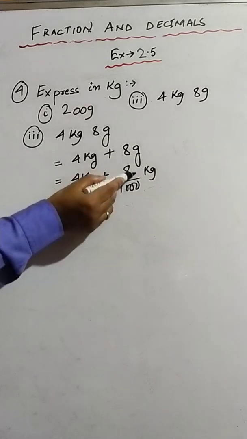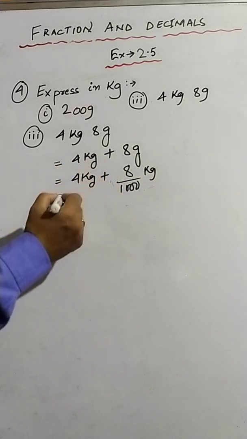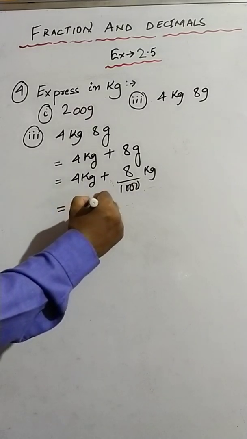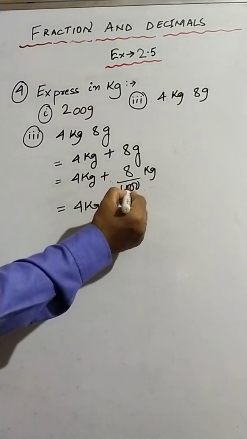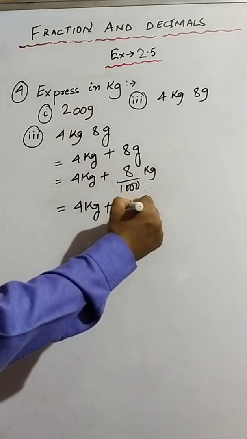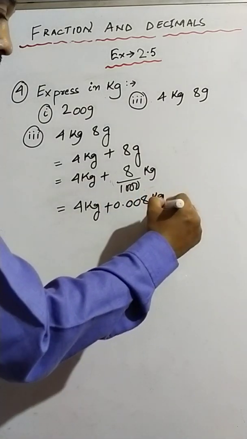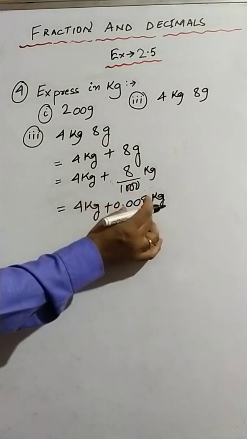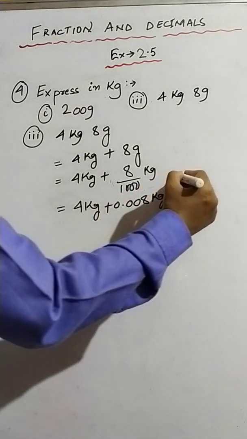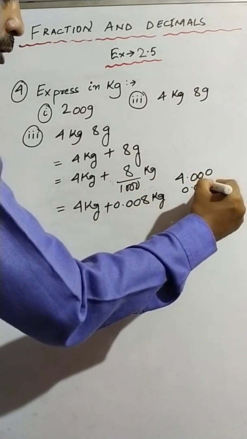Now the next thing is that we have to convert this fractional form to decimal form. So it will look like 4 kg plus, 3 zeros are there, only one digit is there. So 8, then we'll put the point and then 0 0 before it, that is 0.008 kg. Now we'll add this: 4 plus 0.008, so it will look like 4.000 plus 0.008.